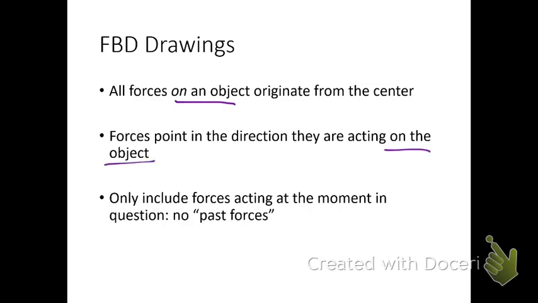You only include forces that object is experiencing. You do not include any forces the object is exerting on anything else, right? All we care about is what is this particular thing feeling? Put those forces on, you've got yourself a free body diagram. Also, only include forces acting in the moment. Do not include any, sometimes I call them ghost forces, do not include any past forces.